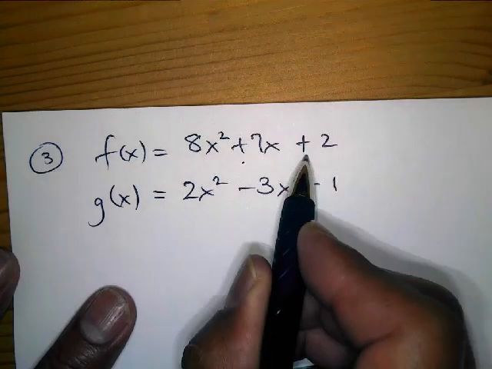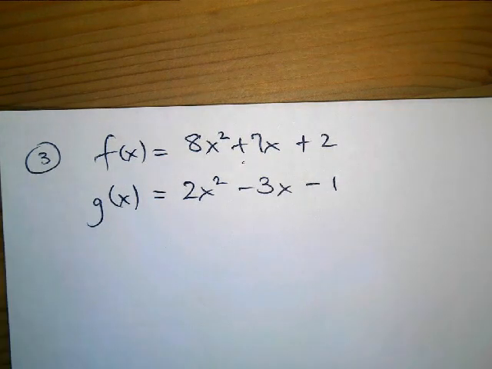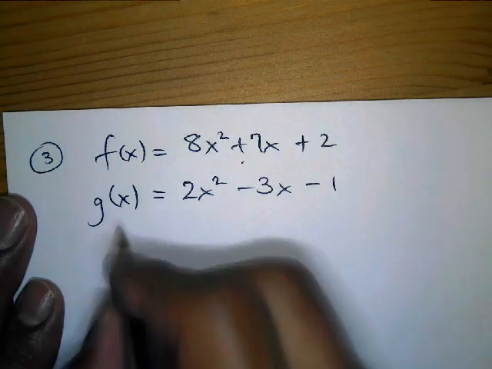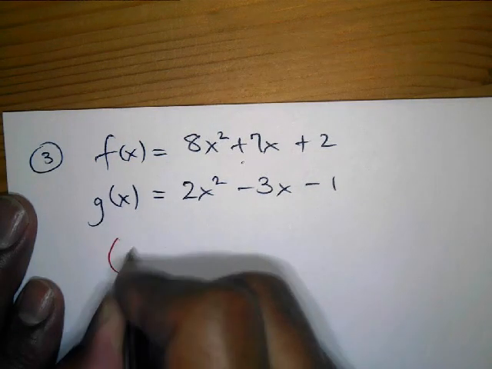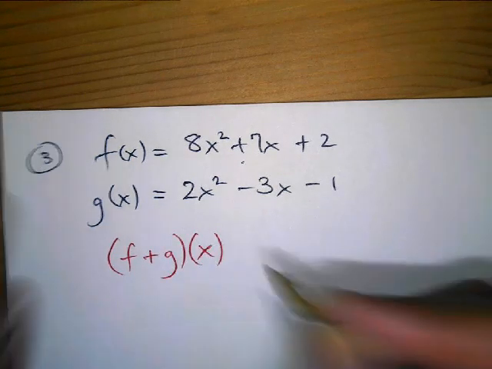Oh, it'd be nice if you could see it, huh? 8x squared plus 7x plus 2 for f of x, g of x, and then this, now it's going to look like this. They're going to use this fancy notation. What if they write this to find this?